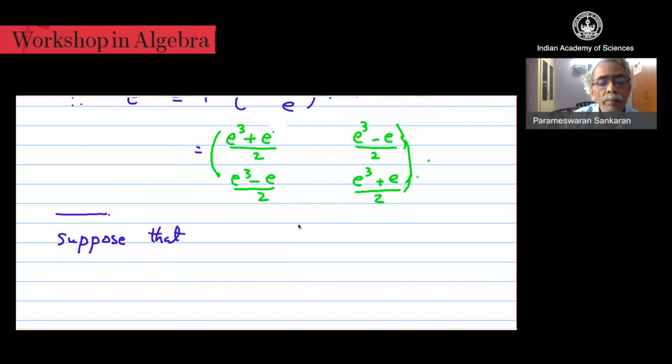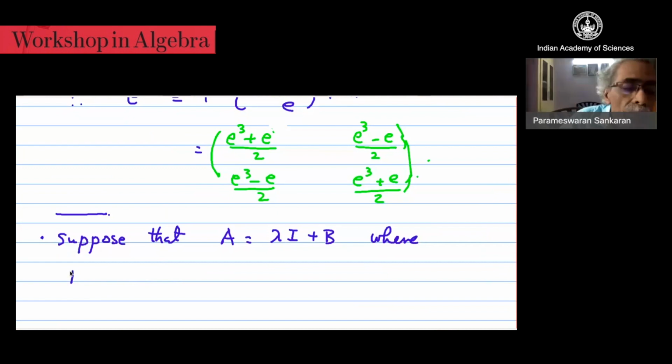And then block by block, it will look like this. So this remark that I'm making will be useful in general calculation. So suppose that A is of the form lambda I plus some B, where B is strictly upper triangular.